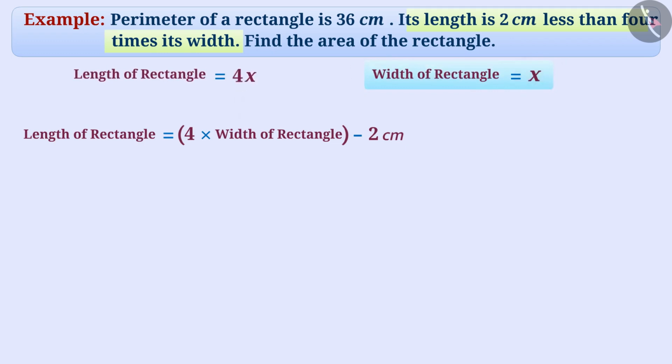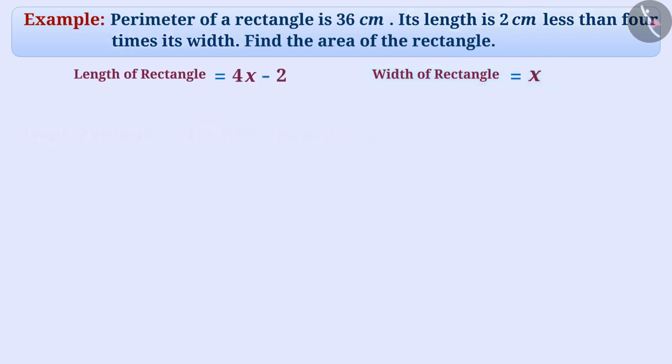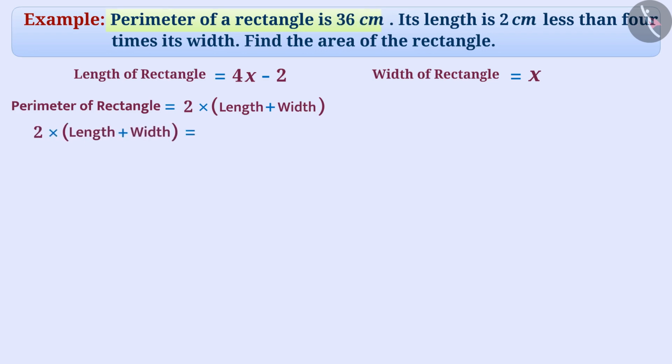Since we have considered the width of the rectangle as x, we can write the length of the rectangle is equal to 4x minus 2. We know that the perimeter of a rectangle is 2 multiplied by (length plus width). We are given the perimeter of the rectangle as 36. 2 multiplied by (length plus width) is equal to 36 centimeter. That is 2 multiplied by (4x minus 2 plus x) is equal to 36 centimeter.